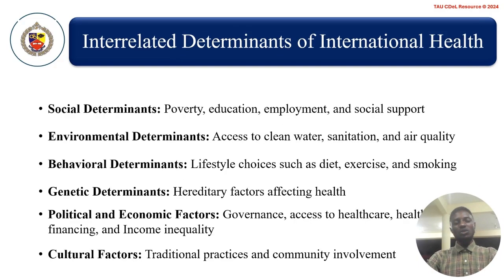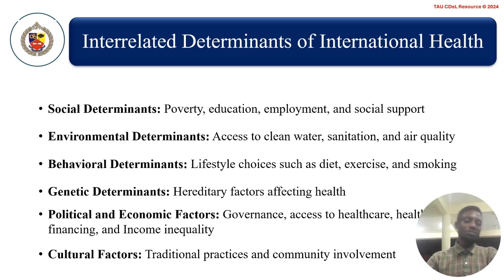and governance. Let me also quickly take us to the interrelated determinants of international health. What determines the health status of populations internationally? We have the social determinants, which include poverty, education, employment, and social support. We also have the environmental determinants, which include access to clean water, sanitation, and air quality.